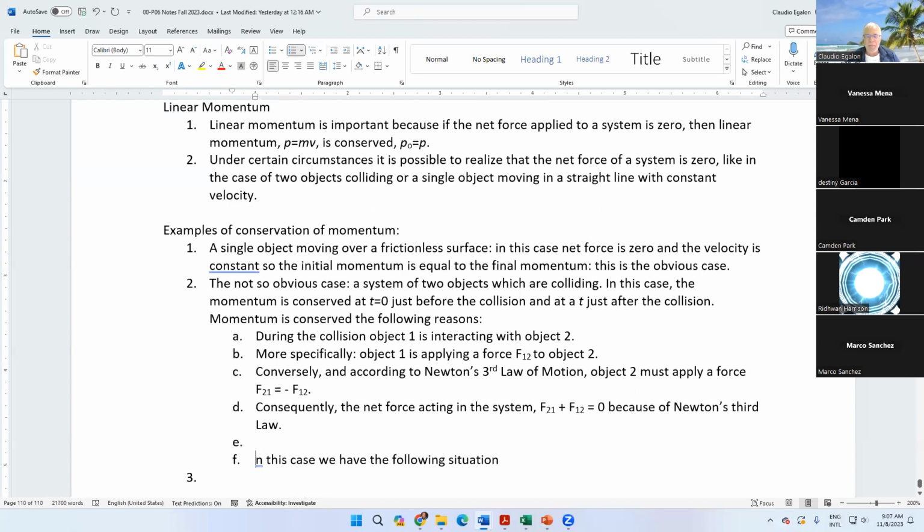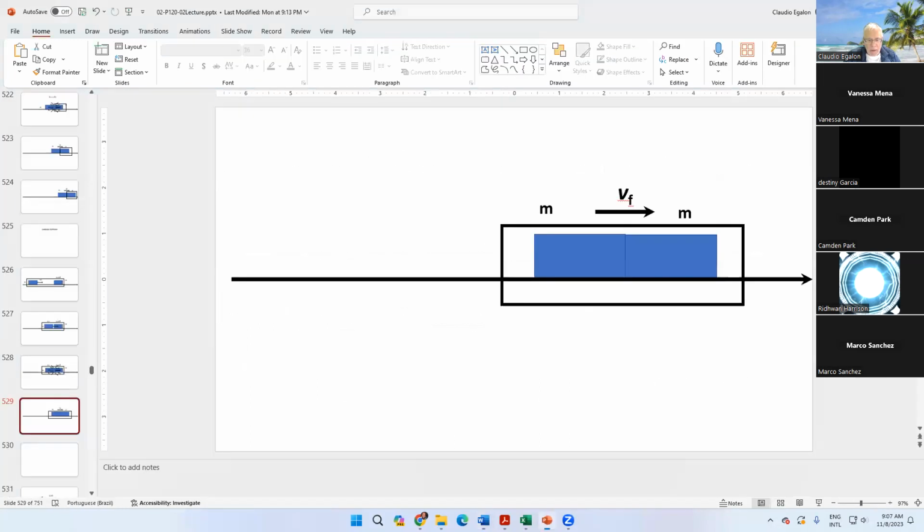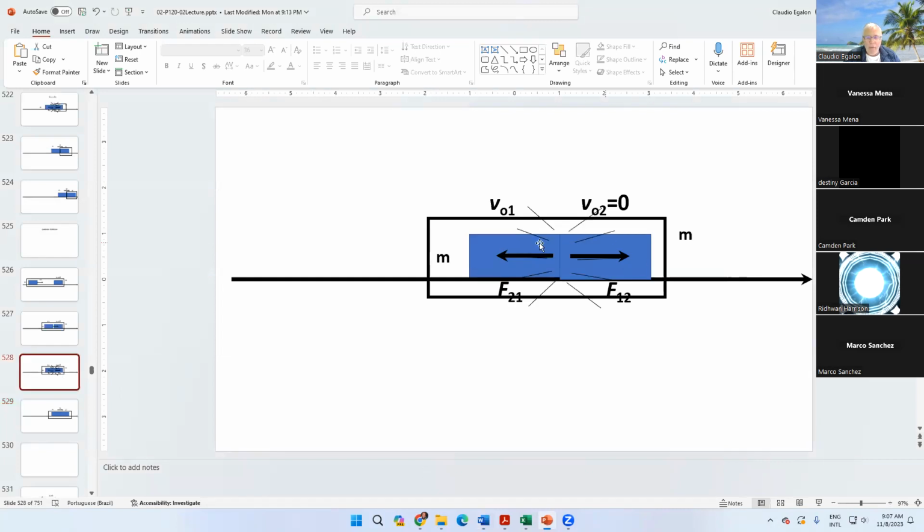This is not obvious once you look at it for the first time. Remember, in this system we have only those two forces. Of course, we have the normal and the weight, but the normal and the weight cancel out.